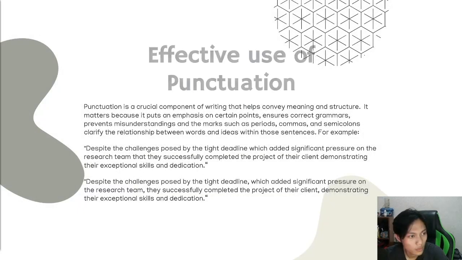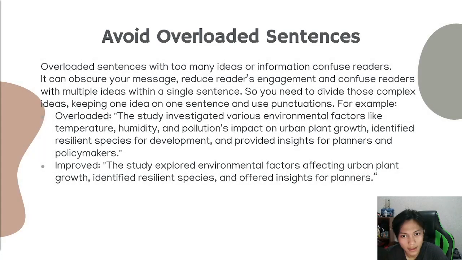If you read these overloaded sentences again, many people write like this, where they put a lot of ideas or too much information in one sentence. It can obscure your message and it will reduce the reader's engagement. It also confuses the readers with multiple ideas in just one single sentence. So you need to divide those complex ideas, keeping one idea in one sentence and using punctuation as always.